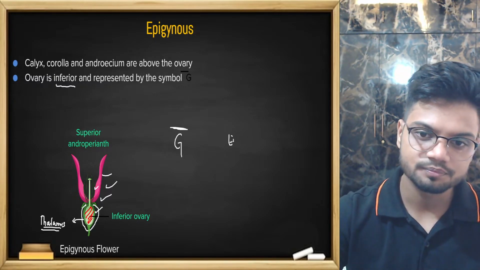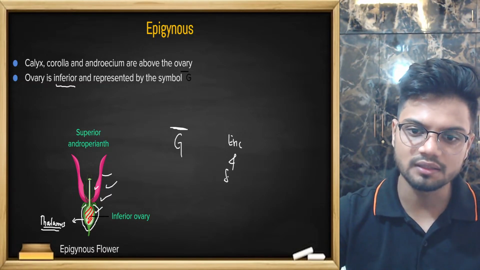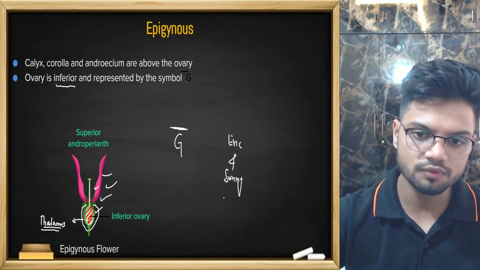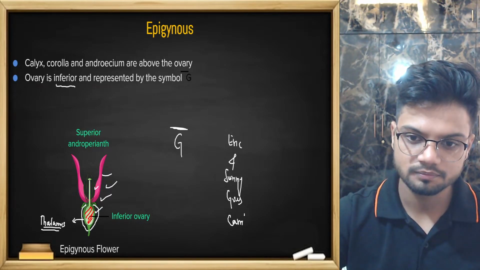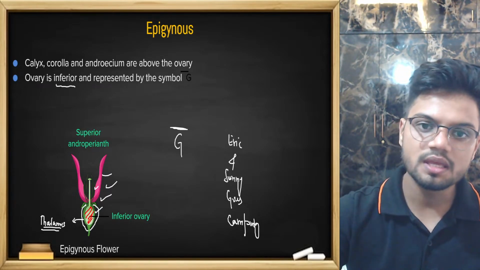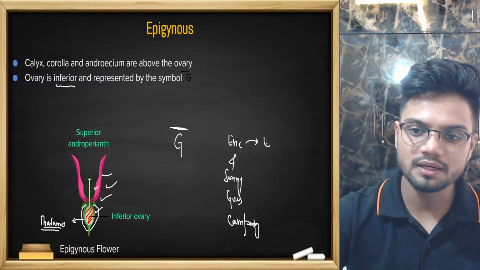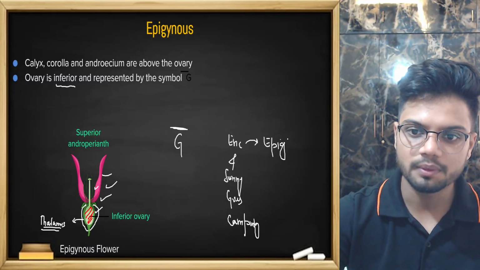The trick is very simple. Eric and Sunny go for camping. The E in Eric stands for epigynous condition.